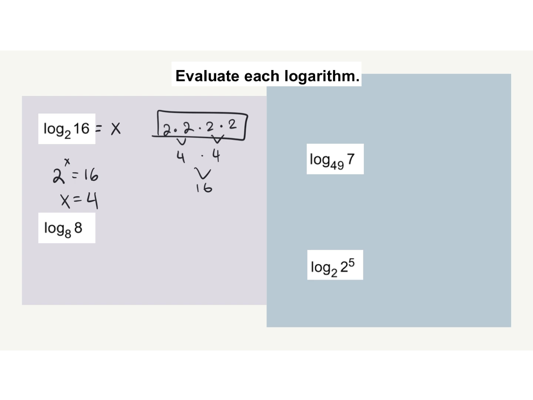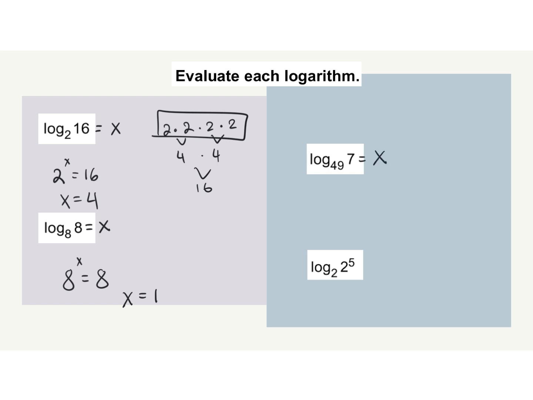Now let's do log base 8 of 8. Again, I'm going to set it equal to x just to have something to solve for. We have the base 8, and then 8 to the x power is equal to 8. Now, because 8 is equal to 8 as a base, the only exponent that's going to work here is 1.